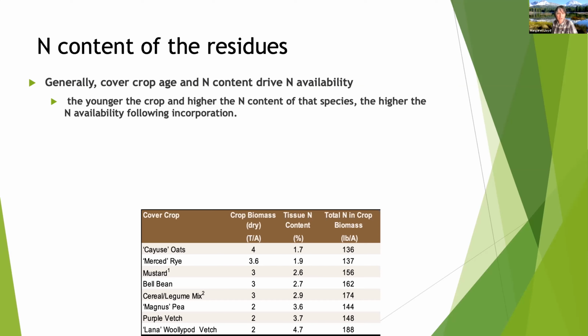It tends to be the cover crop age. The younger the cover crop, the higher the N content of that species, and the higher the N availability following incorporation. So they're going to tend to also have a lower C to N ratio, be more available, and so that's why they'll be available earlier than older materials with a higher tissue and higher C to N ratio.